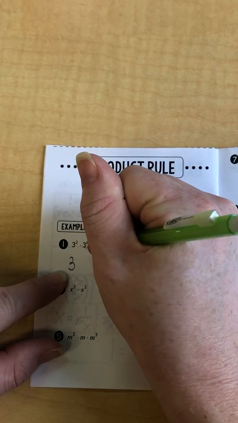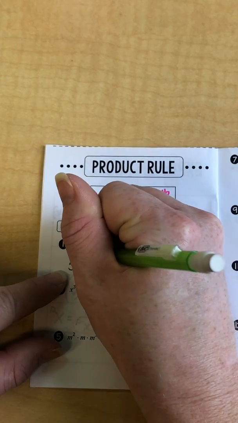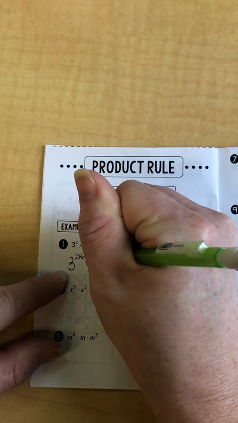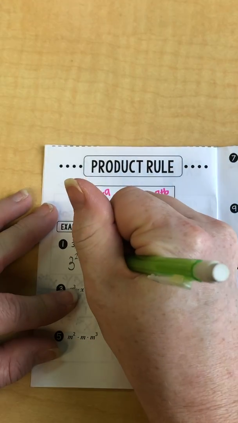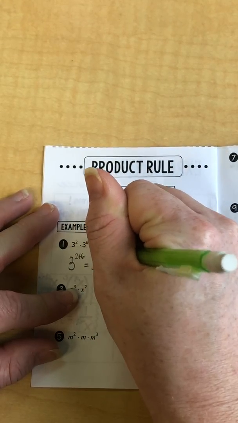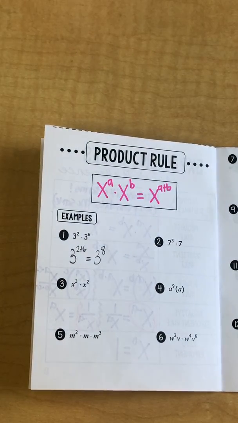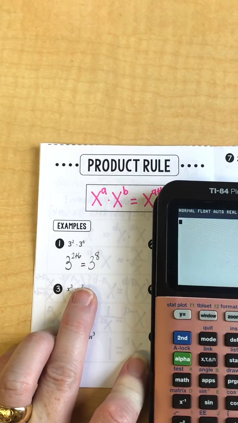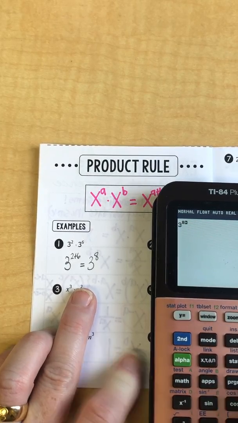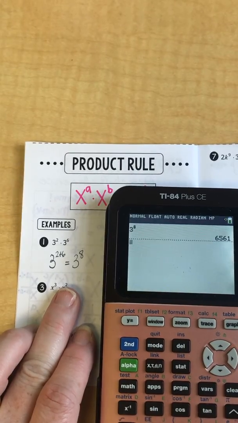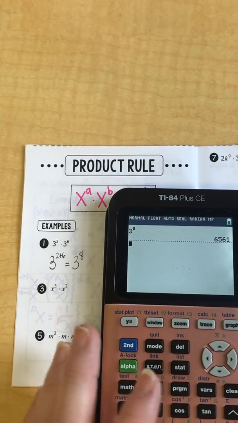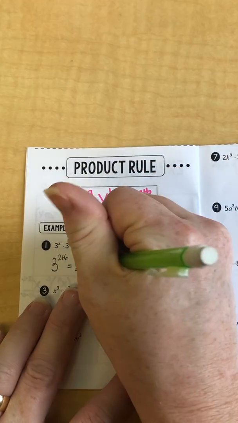I am multiplying those two bases together, so I'm going to add their exponents. Now I am going to show my work, and that is my expectation for you as well, okay? Now, since I'm working with numbers here, I'm going to go ahead and raise 3 to the 8th power, and that gives me 6,561.